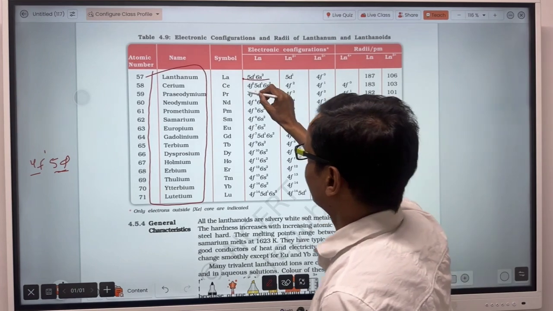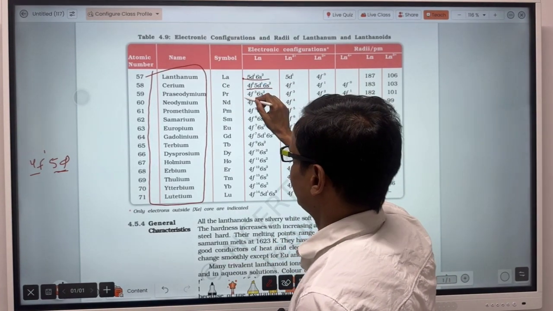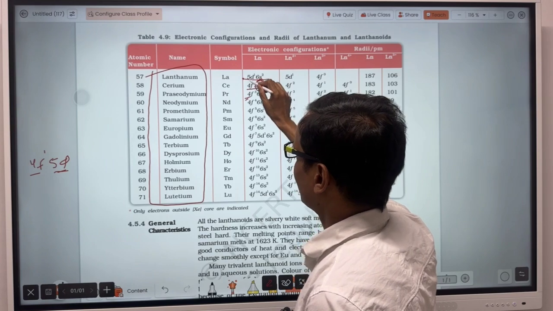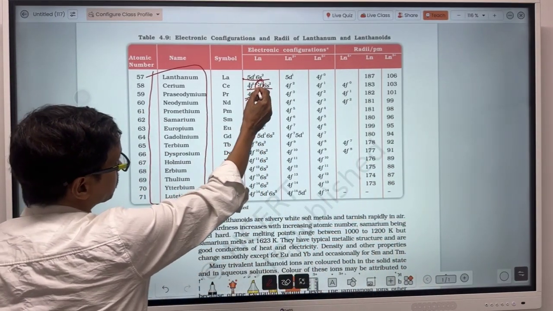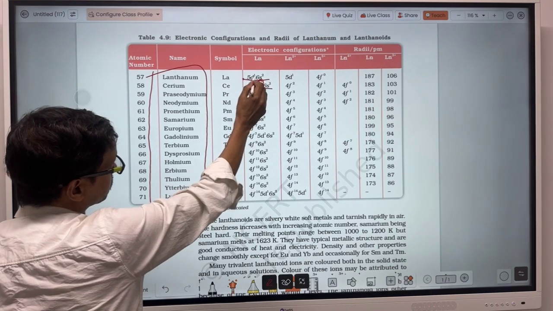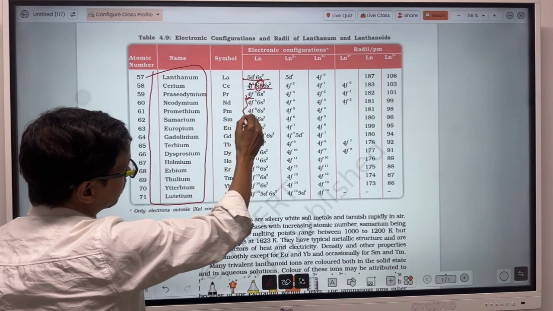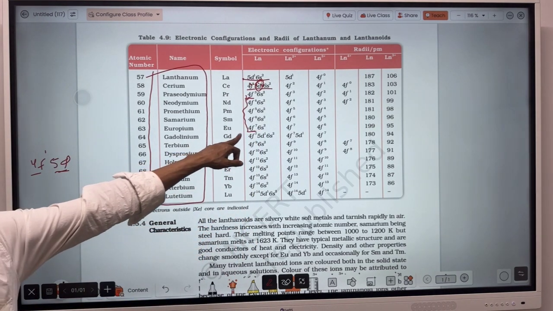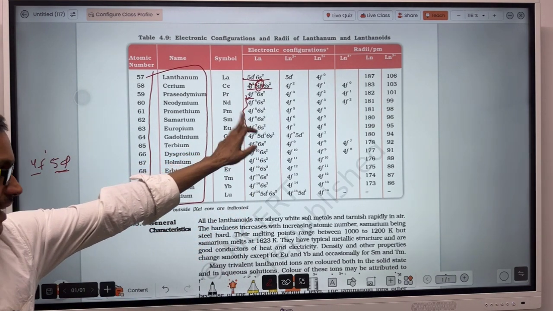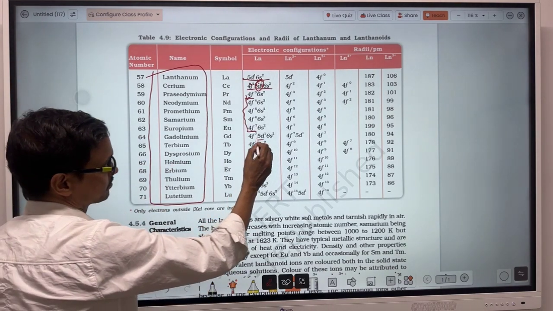Then after that, one electron goes in 4f, and in the next element the electron from 5d also enters there. As the atomic number increases, 4f2, and one electron from there also jumps, so 4f3, and that will continue till 4f becomes half filled. When 4f7 comes, after that again the electron enters 5d.